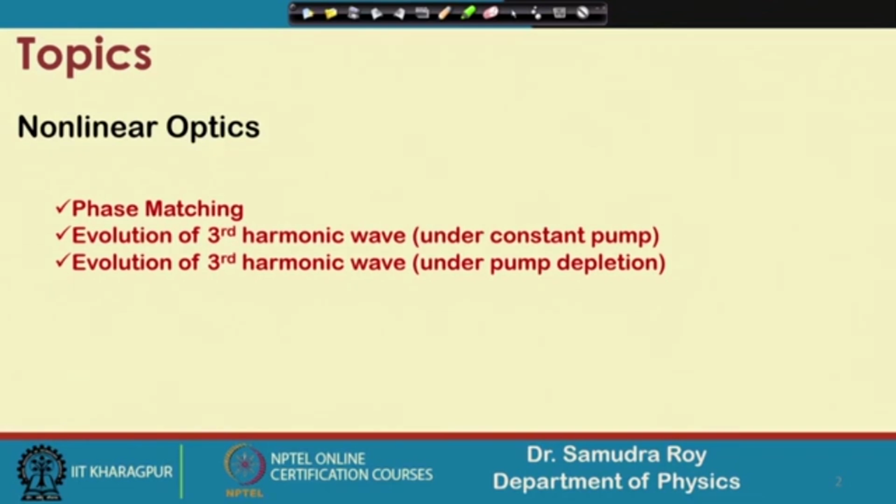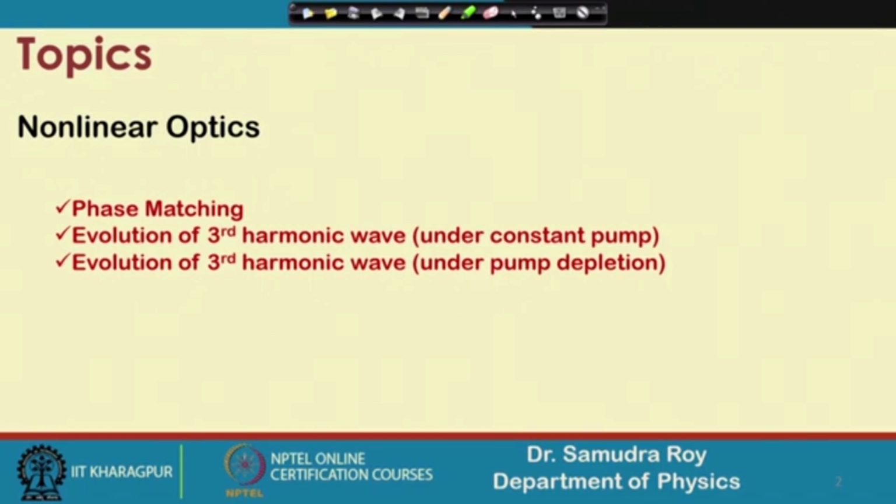We also discussed this self phase modulation in detail, but today we are going to learn more about the third harmonic generation process, where if you launch an electric field with frequency omega, it will give rise to another frequency of 3 omega. It is exactly the same process that we have in second harmonic generation, where it was a second order effect and we get a frequency of 2 omega.